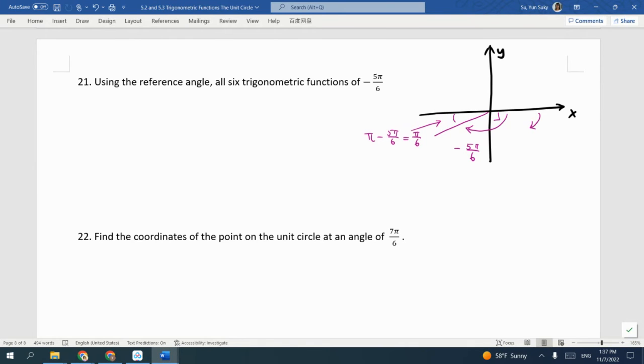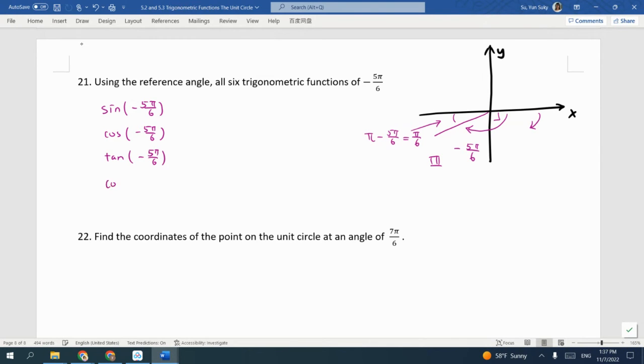You add them up, you get pi. Therefore, this angle is pi over 6. The reference angle is pi over 6. And which quadrant are we in? The third quadrant.